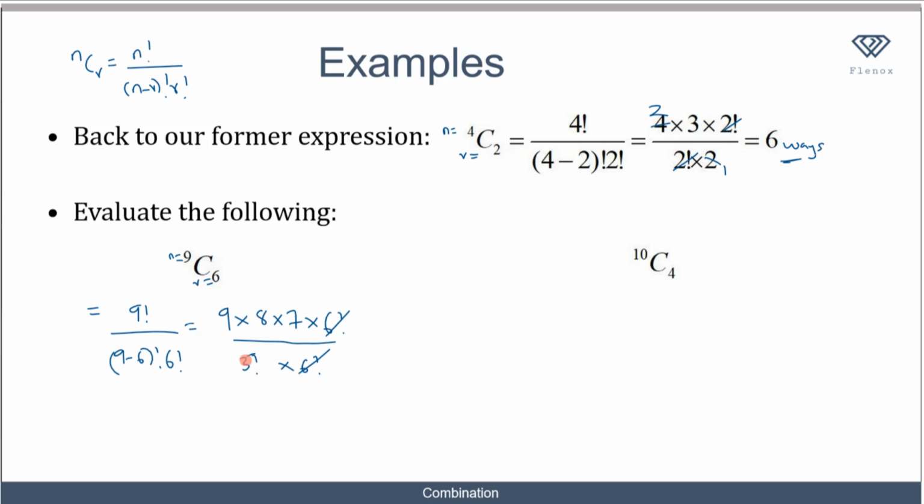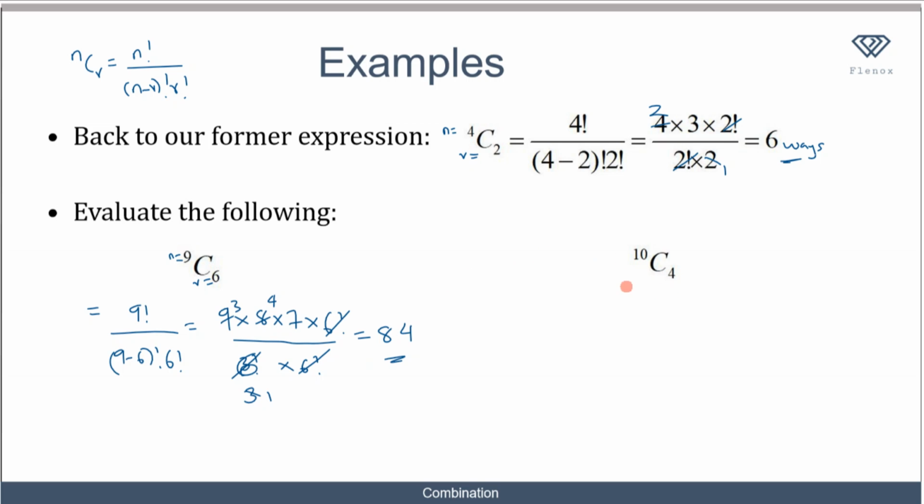So 2 goes into 6 three times, 2 into 8 four times, and 3 into 9 three times. So 3 times 4 times 7 gives me 84. So 9 combination 6 is 84.